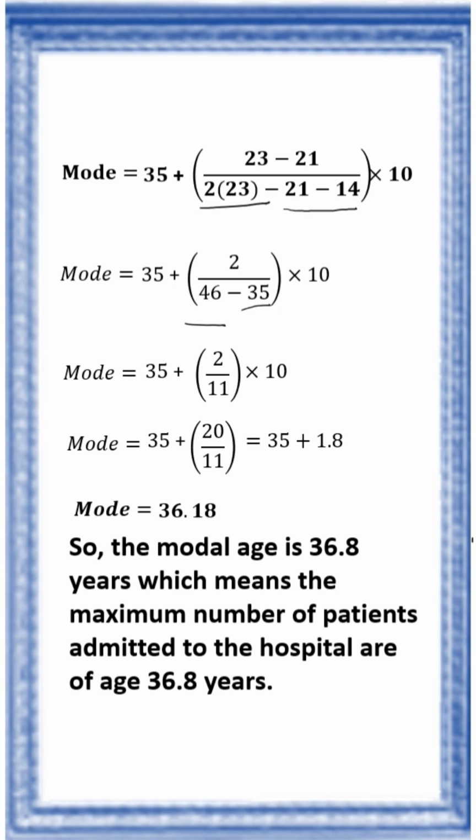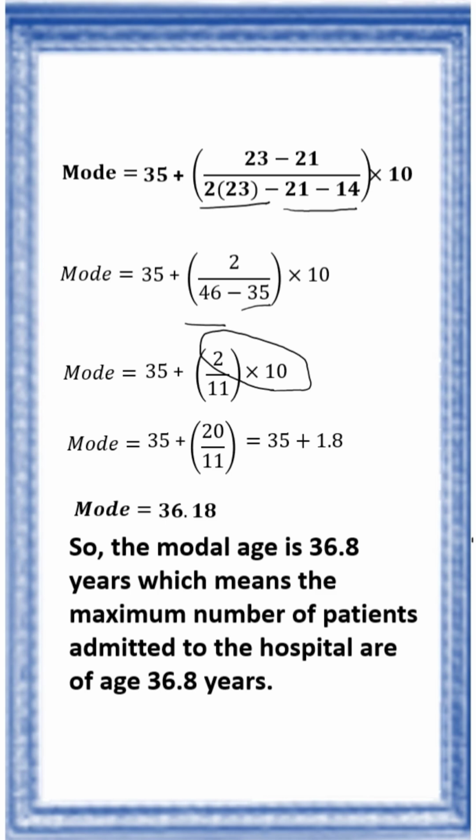So mode is equal to 35 plus 2 by 46 minus 35, what is it? 11, into 10. So mode is equal to 35 plus 2 into 10, that is 20, by 11. So mode is equal to 35 plus 20 by 11 is 1.8.